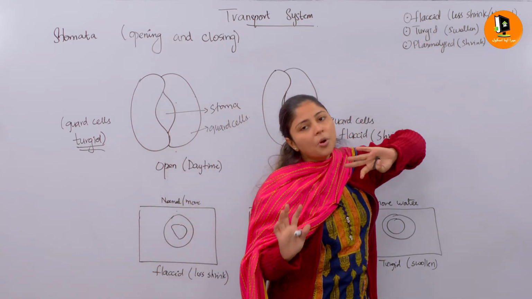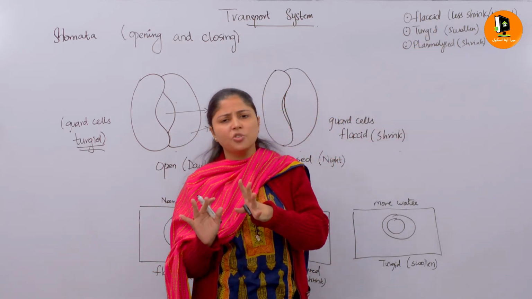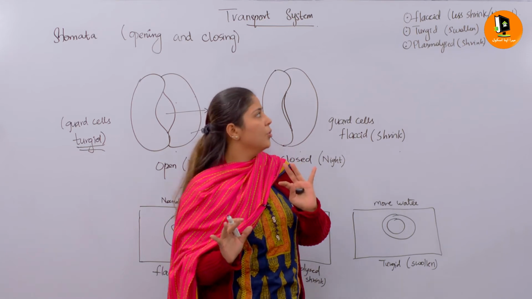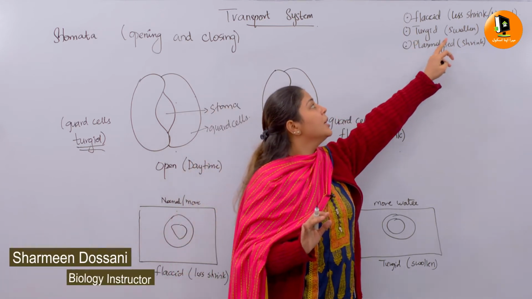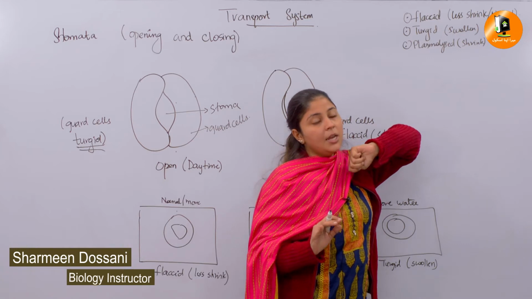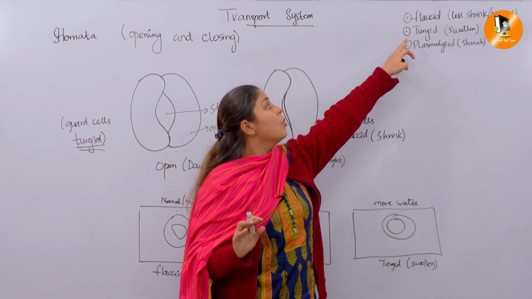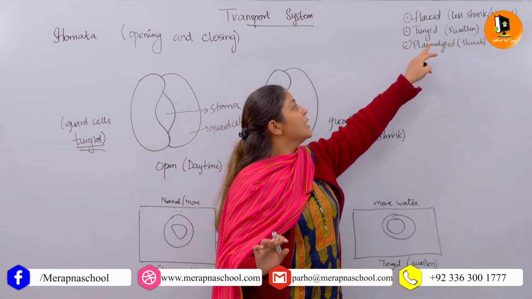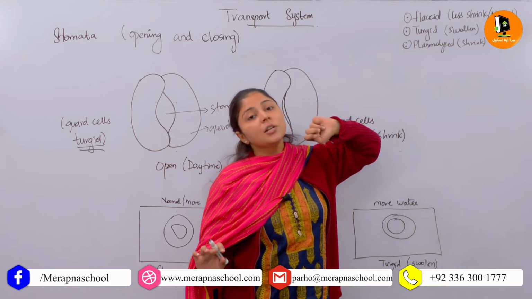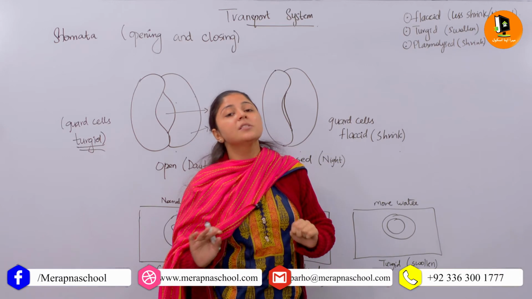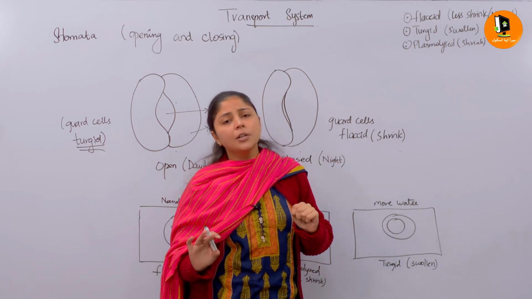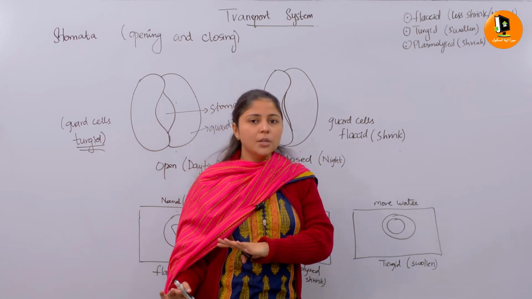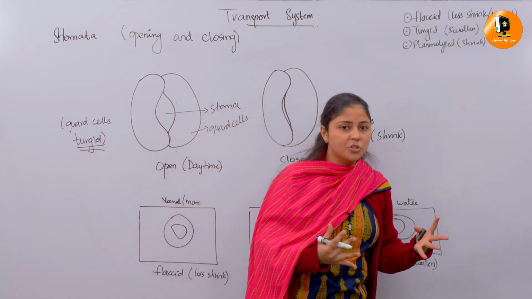Flaccid is mainly normal, or less shrunk, not as such shrunk. But the turgid one is swollen. Why am I saying swollen? Because there is more water and less solute concentration. And the plasmolysed one is completely shrunk. It means there is less water, but more solute concentration.